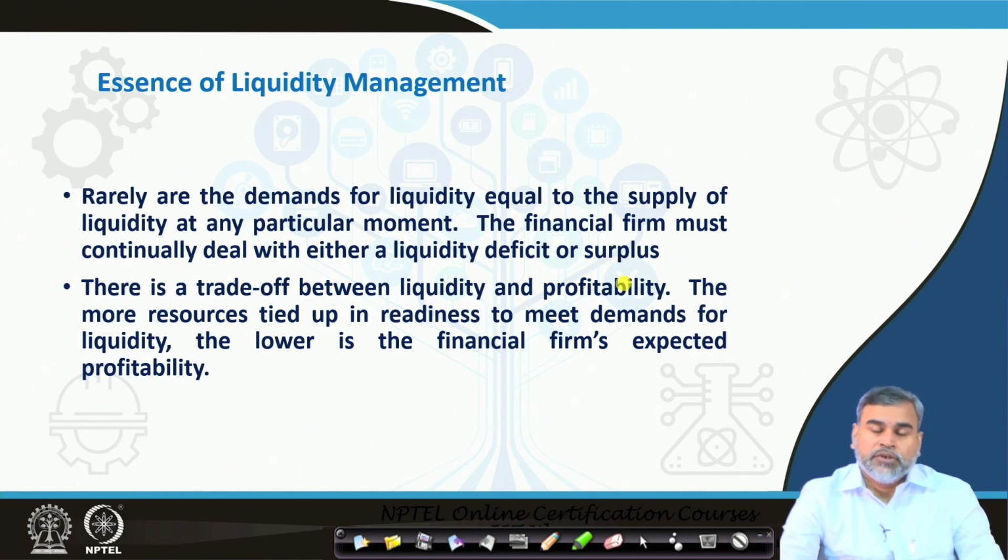Always there is a surplus or a deficit. So, if there is always a surplus or deficit, then what does the commercial bank have to do? The commercial bank is in a dilemma about how this gap or equilibrium can be maintained.